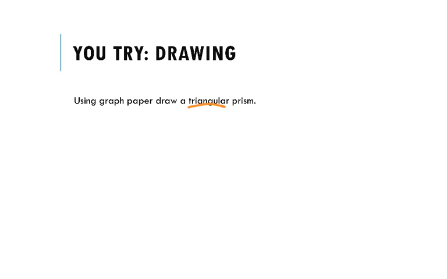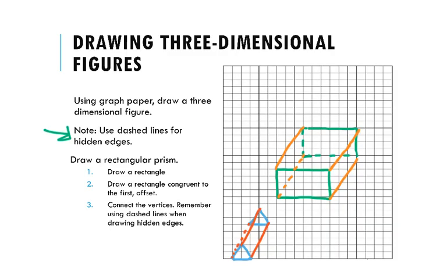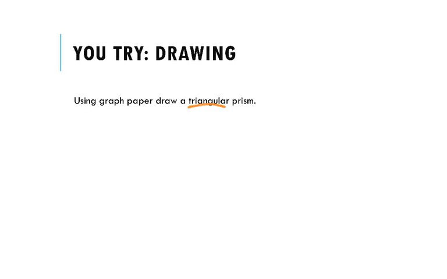Now, I used the graphing paper back here, but if you look down here, there's my triangular prism. So I have 2 triangles, and then I connected my vertices using lines, and then this one right here ends up being dotted because I typically wouldn't be able to see it.